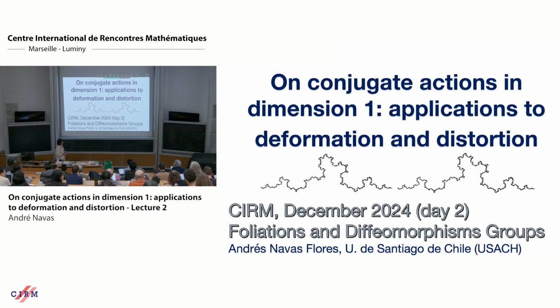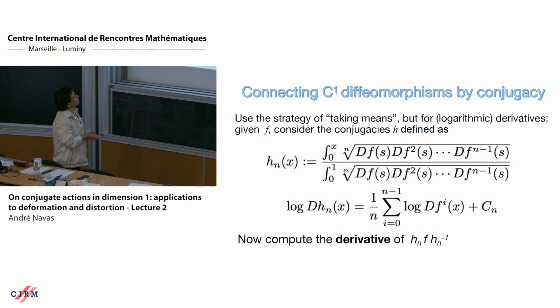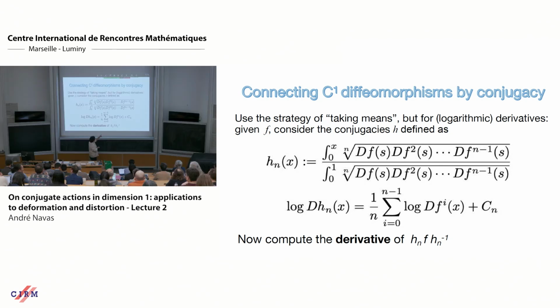So yesterday I was a little bit fast in the end, so I will go into the computations. This was the claim: if you have, for instance, a C1 circle diffeomorphism with rational rotation number, and if you take these conjugators Hn, then the sequence of conjugate maps, Hn f Hn inverse, goes to the rotation in C1 topology.